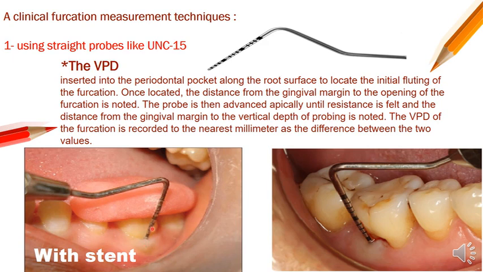Then the probe advances more apically until resistance is felt. Then the distance from the gingival margin to the vertical depth of the probing is noted. The vertical pocket depth of the furcation is recorded to the nearest millimeter as the difference between the 2 values.